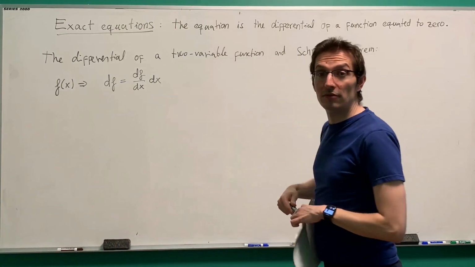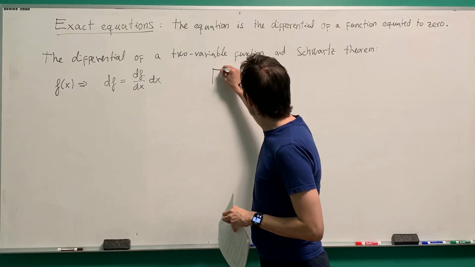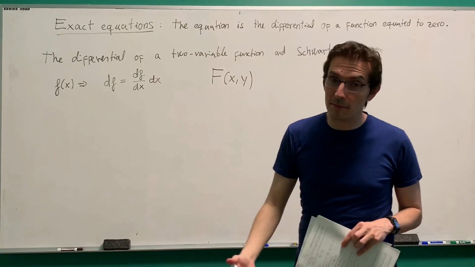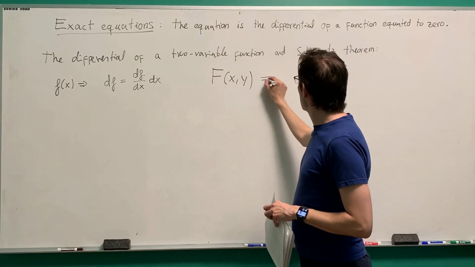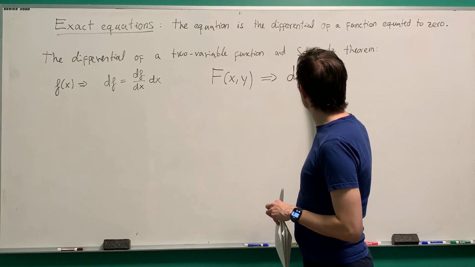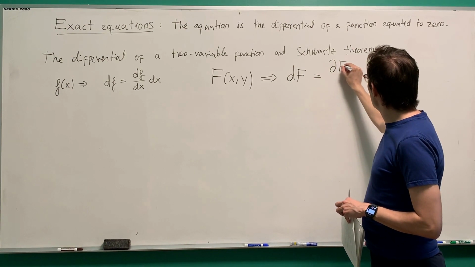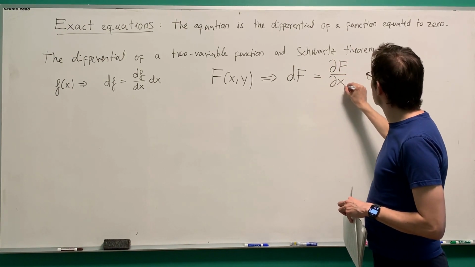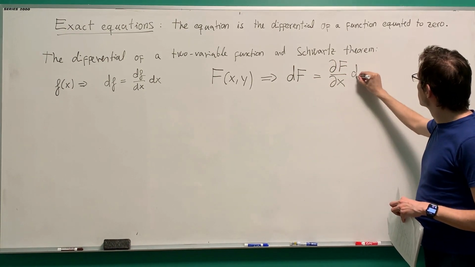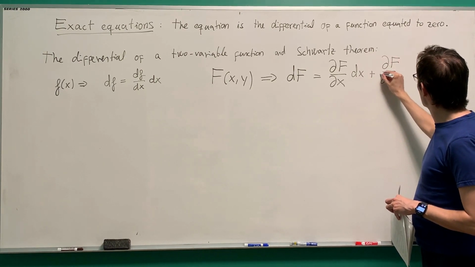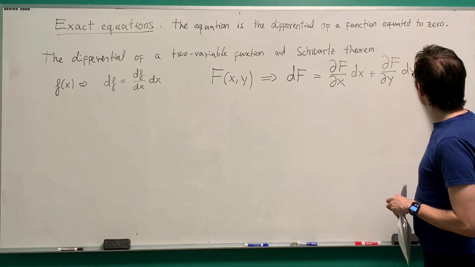When we have a multivariable function, consider now an f of x, y, then you will also remember from your previous calculus courses that we can write the differential of this function as the partial derivative of f with respect to x dx plus the partial derivative of f with respect to y dy.